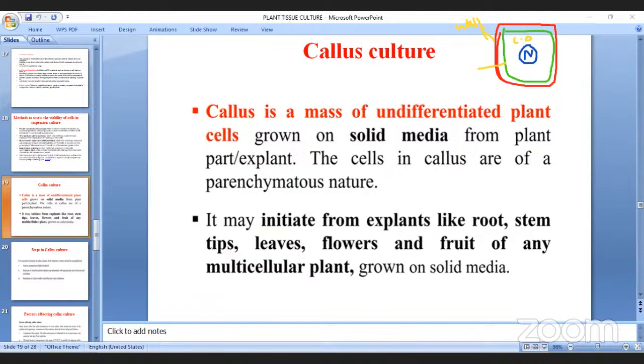This is the nucleus, and between the plasma membrane and nucleus, cell organelles are present. That is why this organelle-containing portion is called cytoplasm.